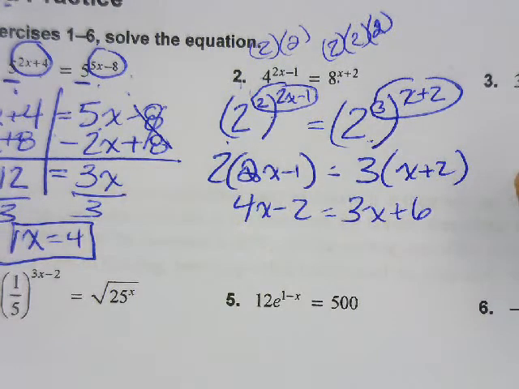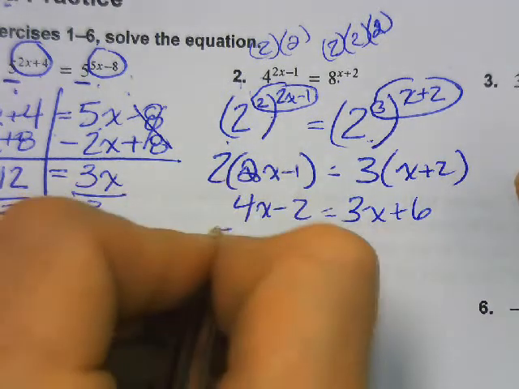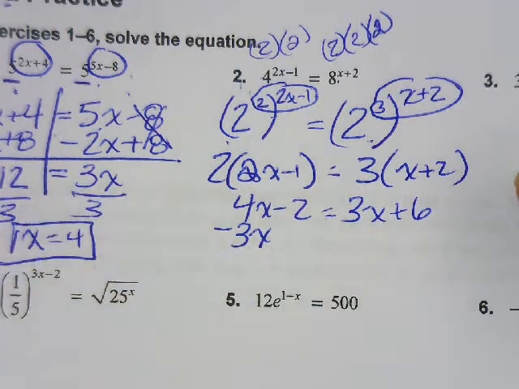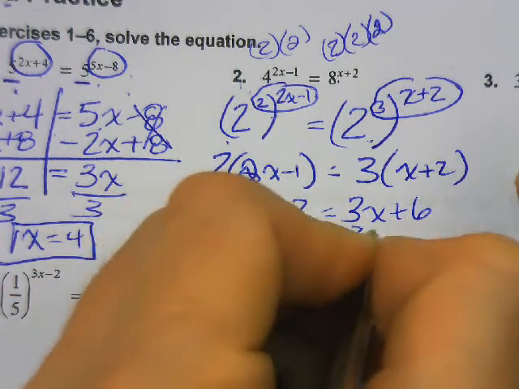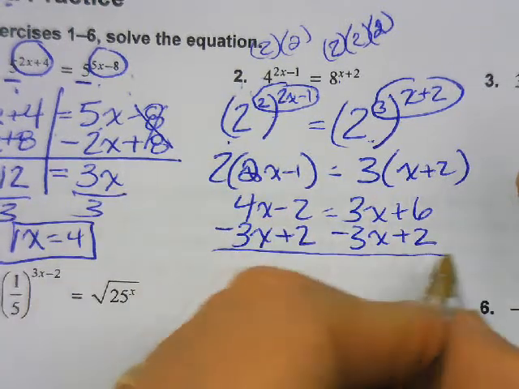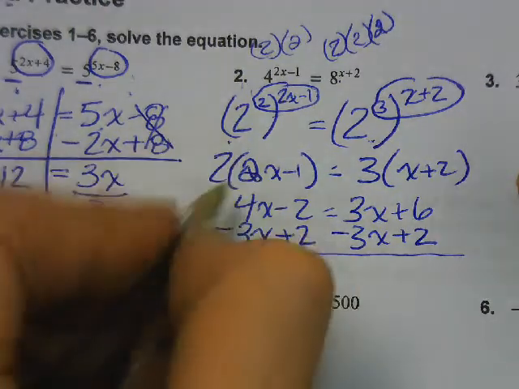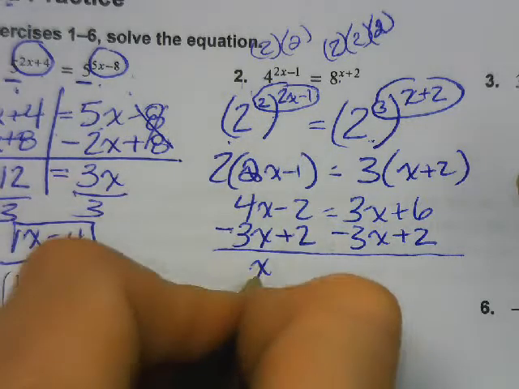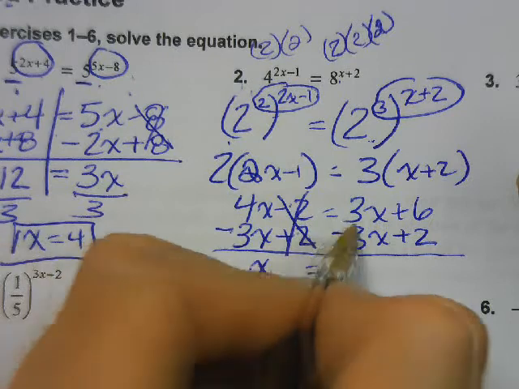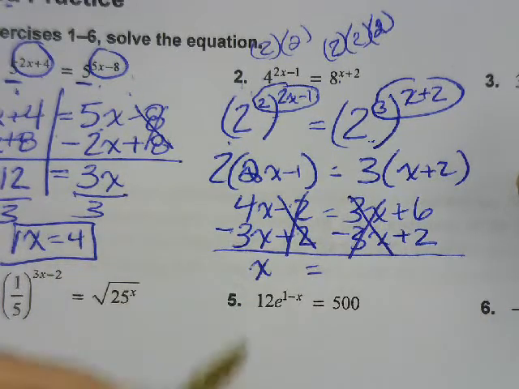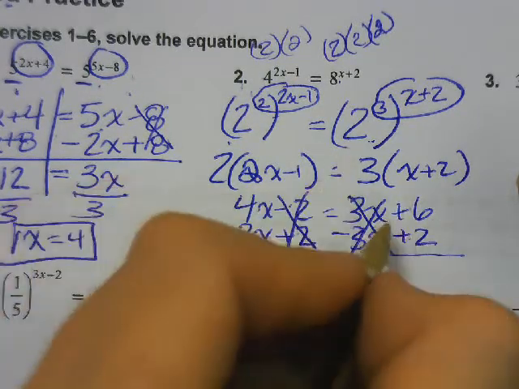You're going to subtract 3x and add 2 from both sides. Okay, so 4x minus 3x is just 1x. 2 minus 2 is 0. 3 minus 3 is 0. 6 plus 2 is 8. So x is 8.